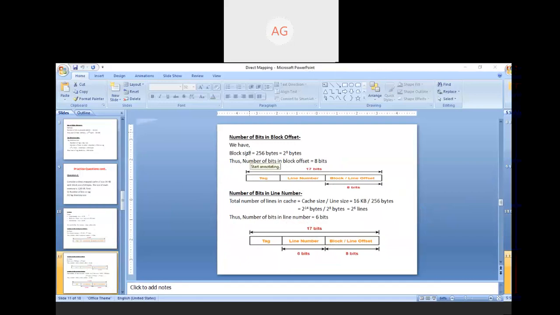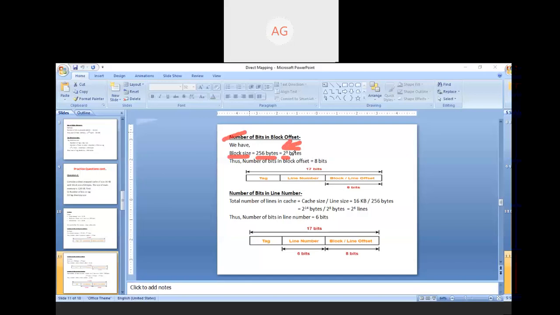Now we are going to calculate the number of bits in the block offset. We are given that the block size is 256 bytes, and 256 is 2 to the power 8. Whatever comes in the power of 2, that number of bits are there.